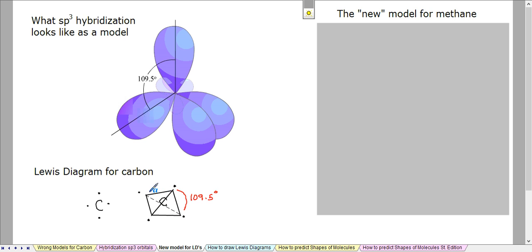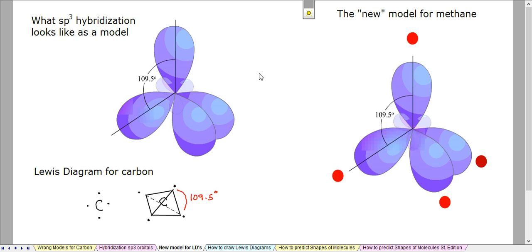We've got our triangle on the back side and on the bottom side, so we've got this pyramidal shape here. The new model for methane would look like this if we use just sticks.